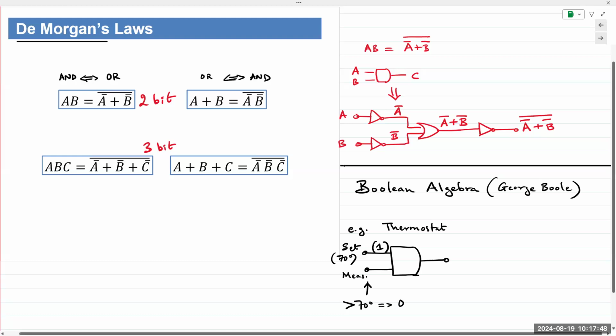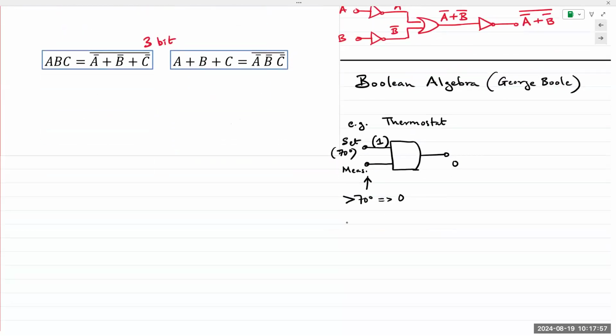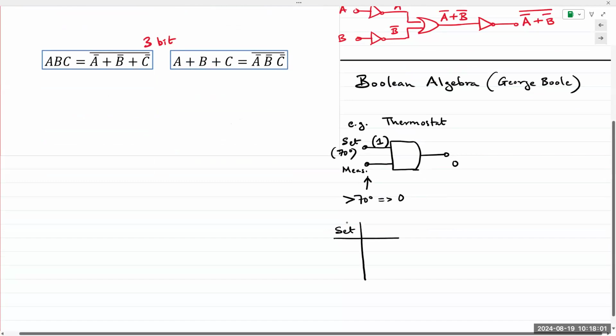Then the output is also 0. Okay. So let's do that. Set temperature 70 degrees, measured temperature greater than 70, then output is 0.